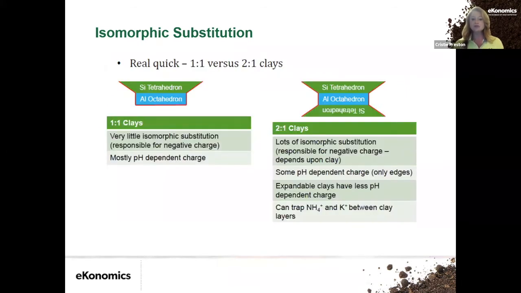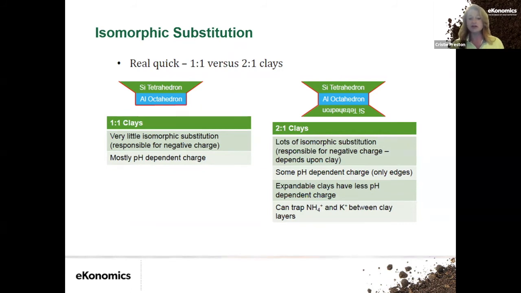And again, as soils weather down from 2-to-1 clays to 1-to-1 clays, we see a change in CEC and the ability for these soils to hold on to cations. 1-to-1 clays, very little isomorphic substitution.